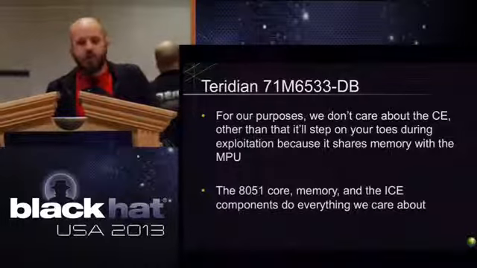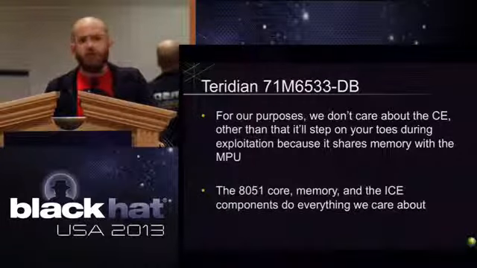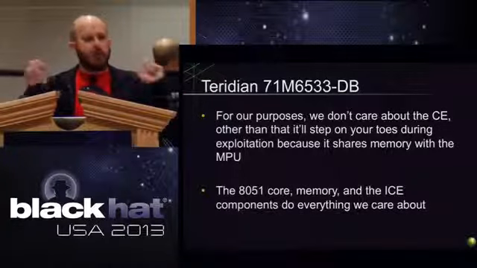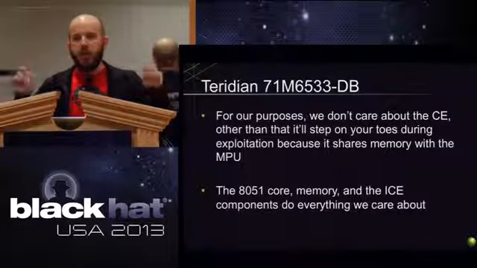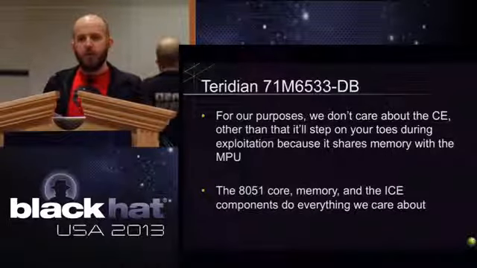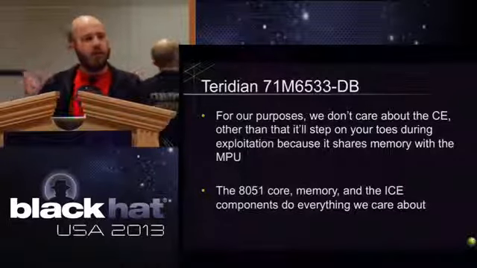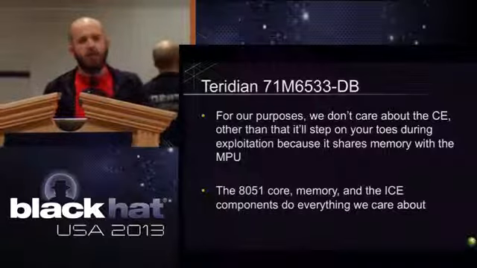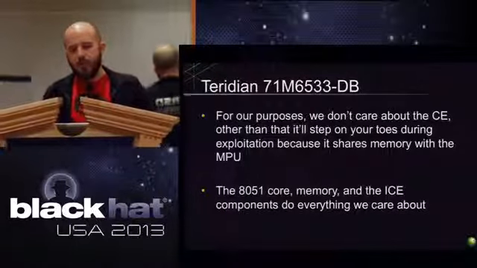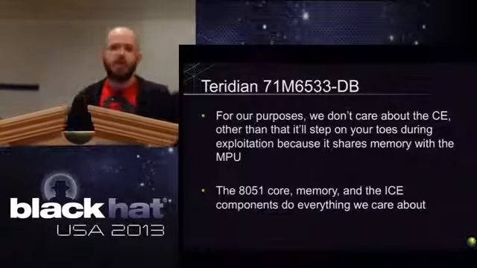The problem with the CE is that it and the microprocessor share flash memory. There are timers firing off all the time saying who's allowed to be running. So you'll be doing something in your code, for example, and then suddenly the CE will kick in and lock you out of flash memory in the middle of what you're doing. It's something you have to keep in mind when you're doing exploitation on this kind of stuff.